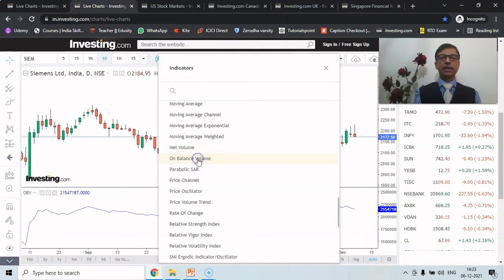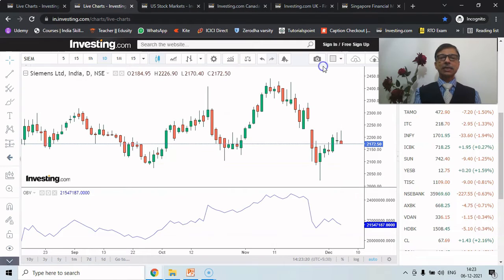The moment I click here, that indicator will come below this candlestick graph. All right, what you see here, this portion, is the on balance volume indicator. What it is, how to read it, we will discuss in a moment. But at the moment, I'm just trying to explain to you how the indicator will come in front of you.